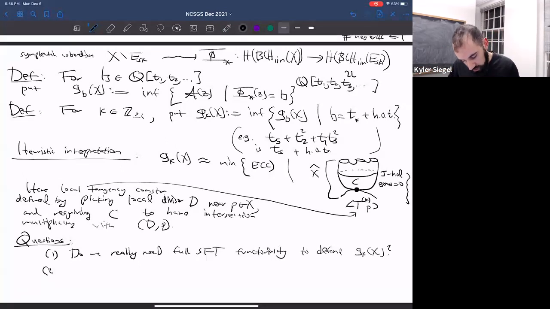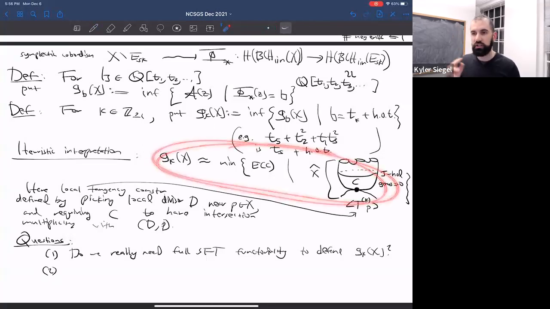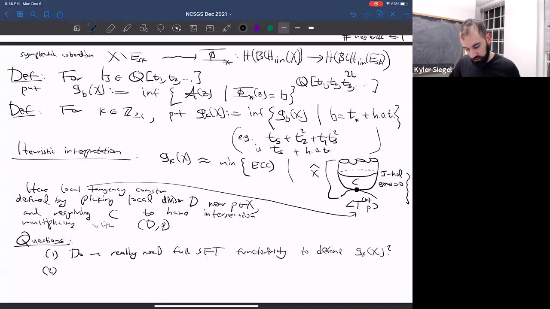And then the second question, which I would say is related, is: given how much there is behind the scenes in this definition, is it possible to actually make computations in some natural examples? So can we actually compute GK for some, quote unquote, natural examples?